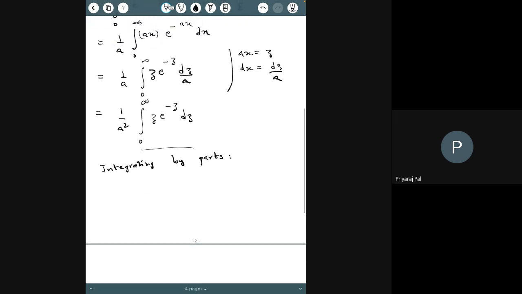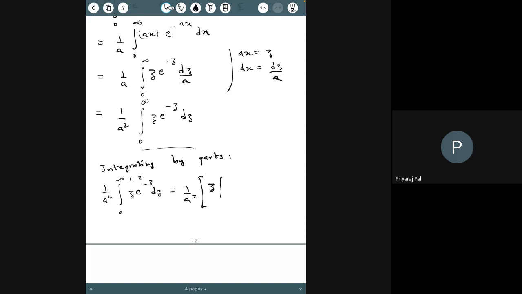Everyone is familiar with integration by parts, I guess. I'm not writing the formula, I'm just directly going to the derivation. So this is first function, second function.